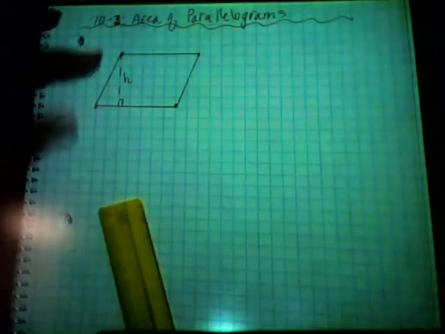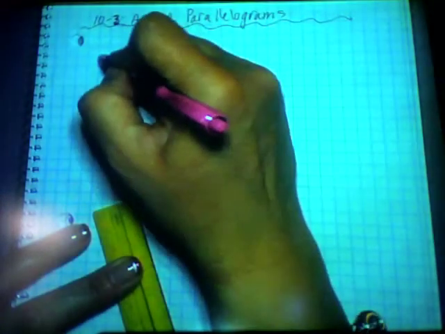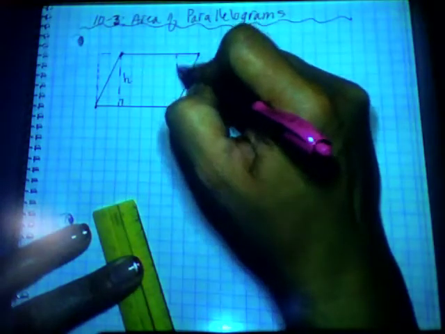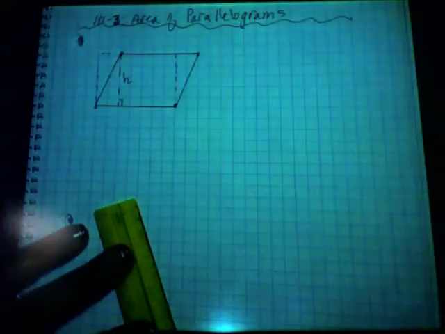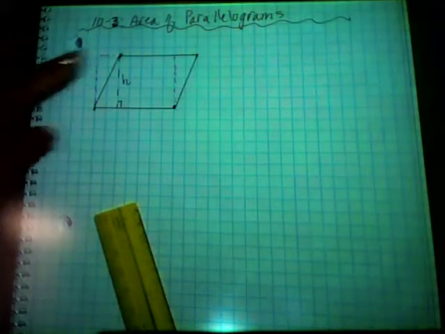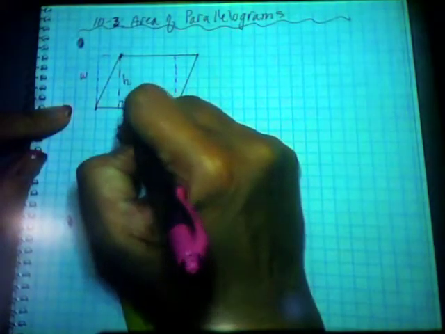So think of the parallelogram as really basically a rectangle that's been pushed over. Couldn't this have been the rectangle area of that parallelogram in pink? And all I did was take this and push it to the right. So what's the area formula if this is my width and this is my base?